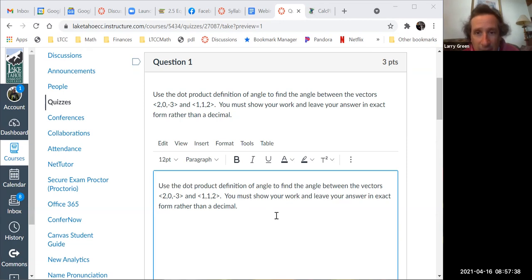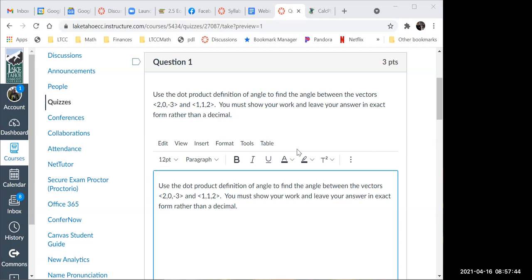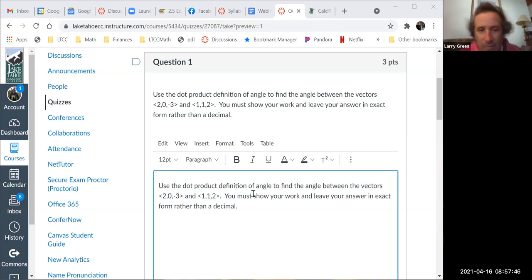So right, we know that the cosine of theta is V dot W over the magnitude of V times the magnitude of W. Okay, so let's go and find the dot product. So let's start out with 2, 0, -3, and then dotted with 1, 1, 2.